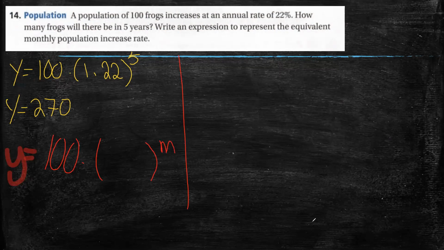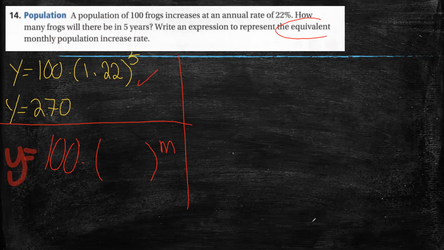Why m? Because I need now the monthly rate. I'm talking about the number of months, not number of years. For example, after 3 months, not after 5 years. If the question is about years, you use the first expression.